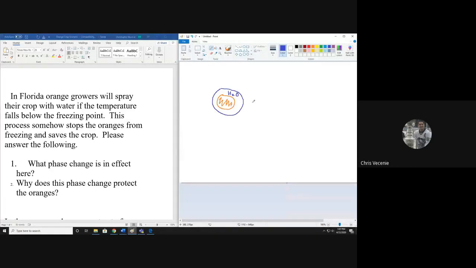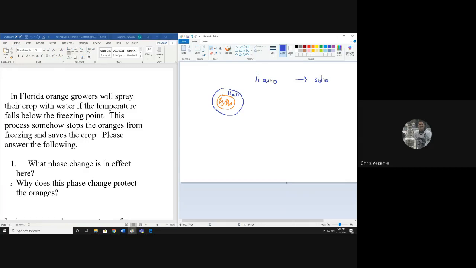I asked you what the phase change in effect was and how it protects the oranges. Most people did a really good job telling me we were looking at a liquid going to a solid, because if it gets below freezing outside, that water is going to turn into ice.